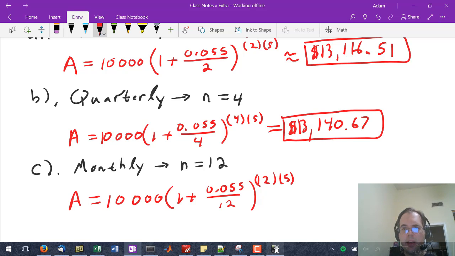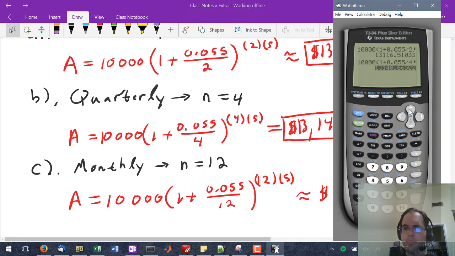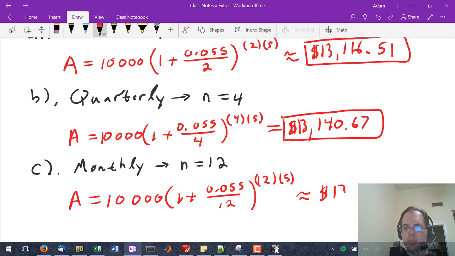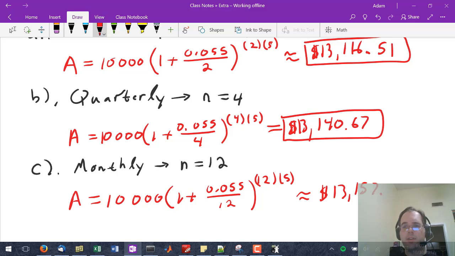I'll go over to the calculator, scroll up, bring that back down, and put in 12. Now it looks like that, and hit enter, and it's gone up just a little bit to 13,157.04 if we round it to the nearest cent.